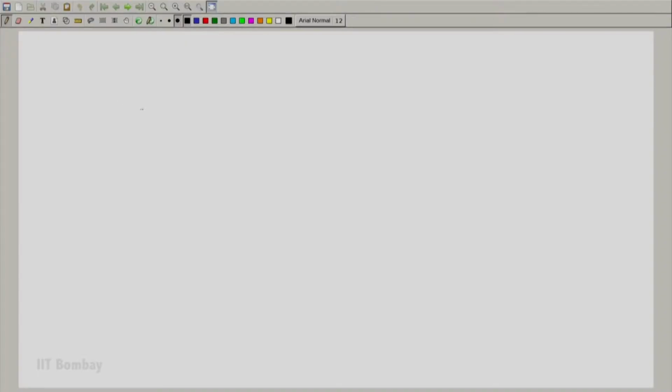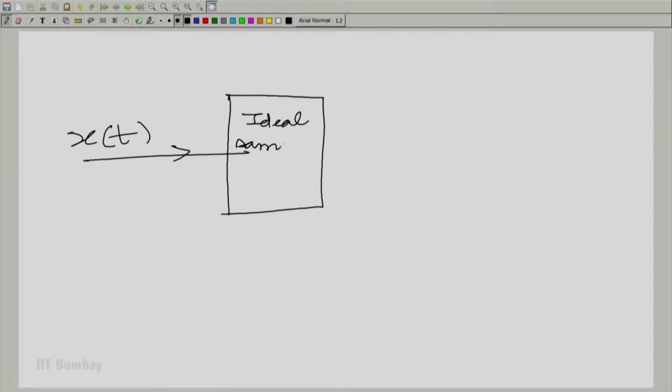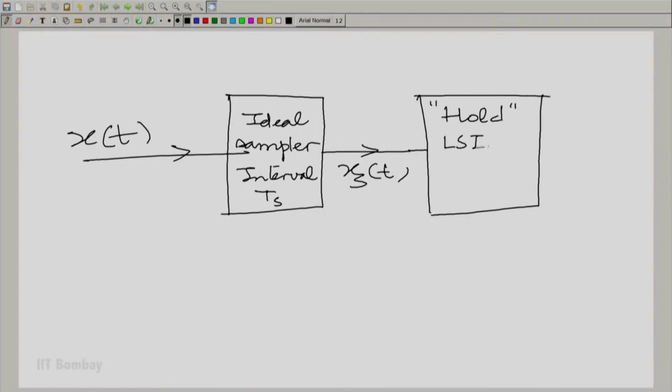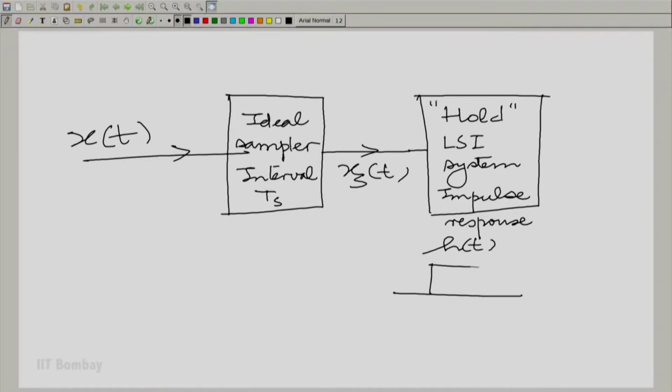So, let us look at the signal x(t) that we gave, the ideal sampler, which produced an output x_s(t), and the hold, which produced x_h(t), the so-called held waveform.